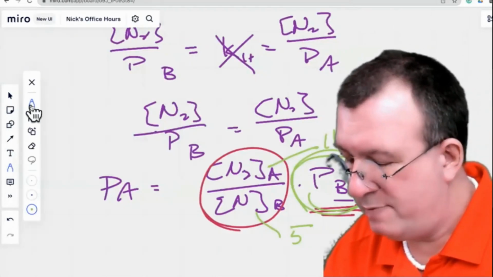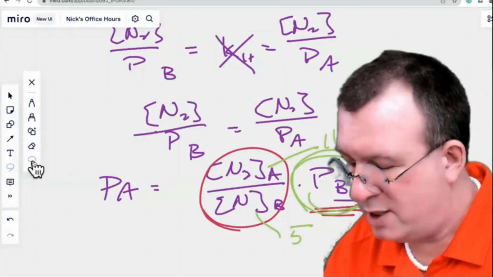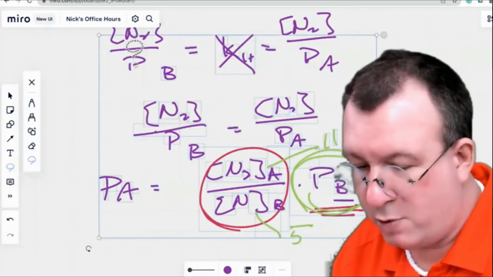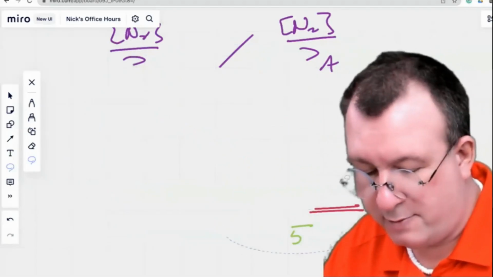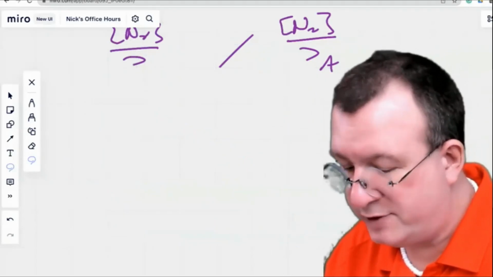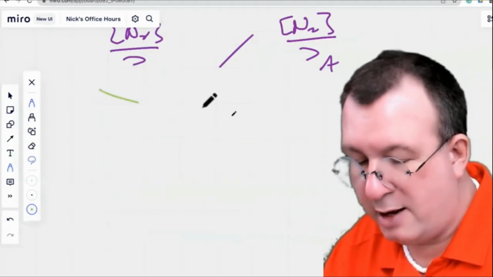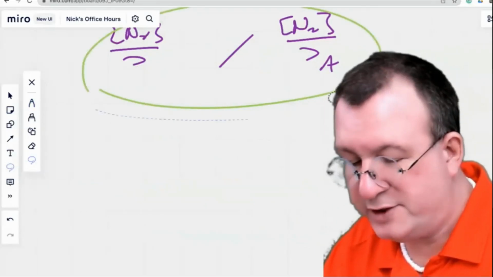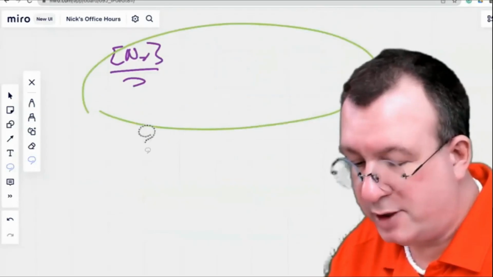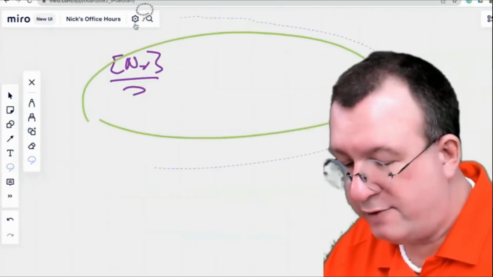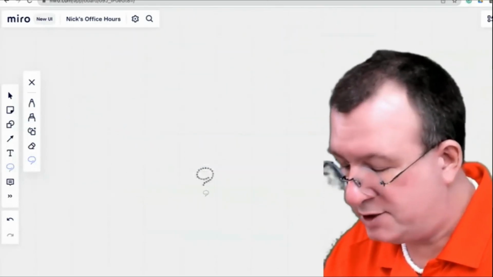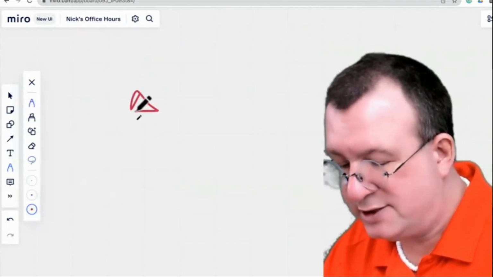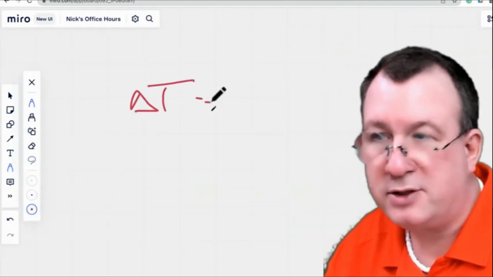When you're talking about these colligative properties, freezing point depression, boiling point elevation, the formula that you're going to use in each case is just delta T equals your constant.